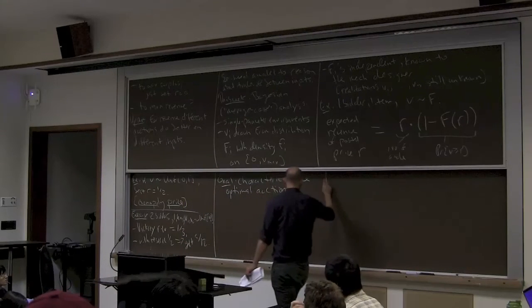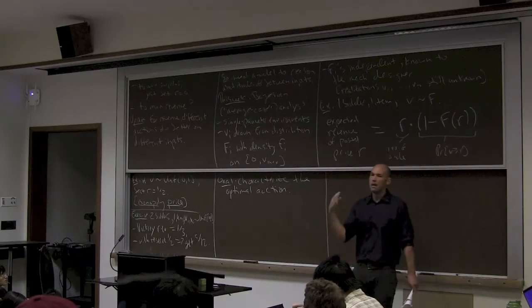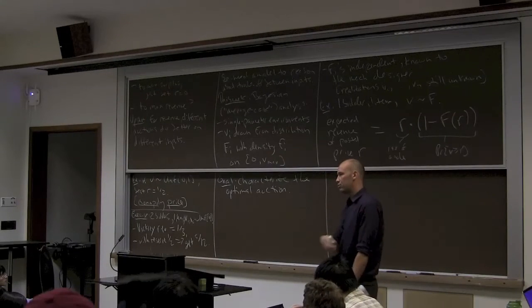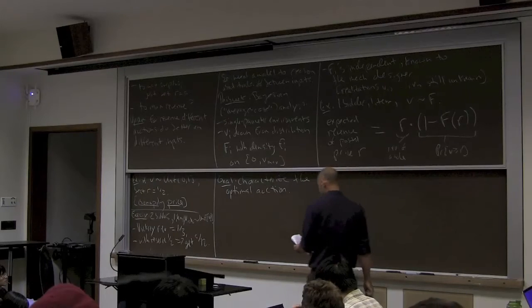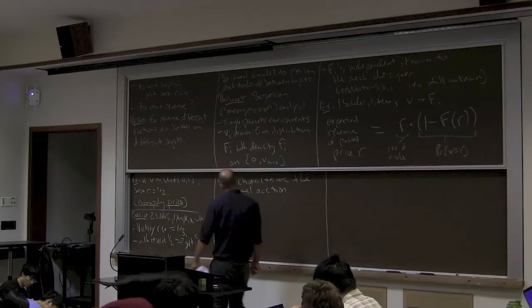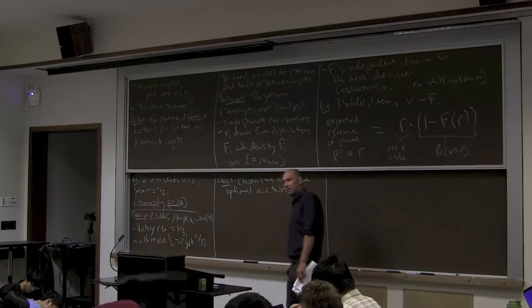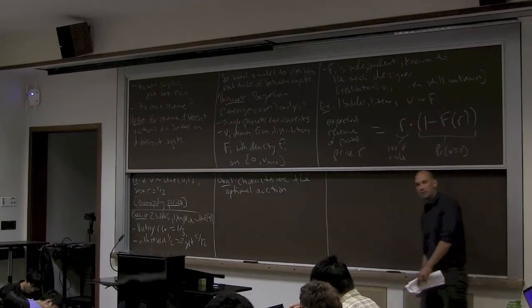And again, for this entire lecture, when I say optimal auction, I mean maximizes expected revenue, expectation with respect to the given distribution over the v_i's. So this is what we're going to do. I will give you such a characterization in the rest of this lecture. That's the plan.